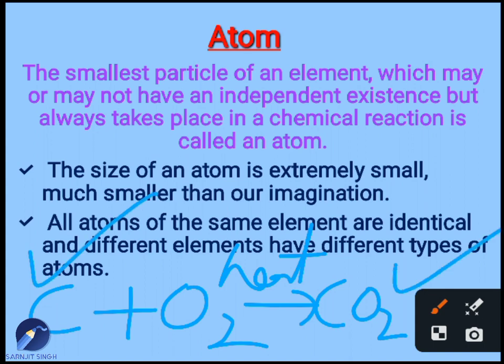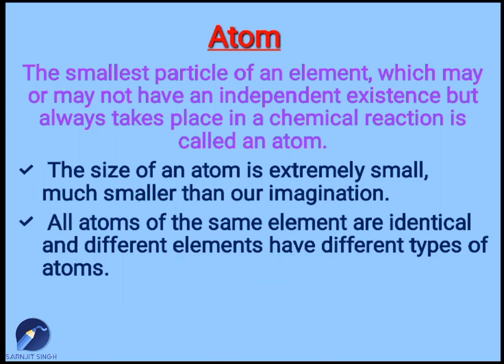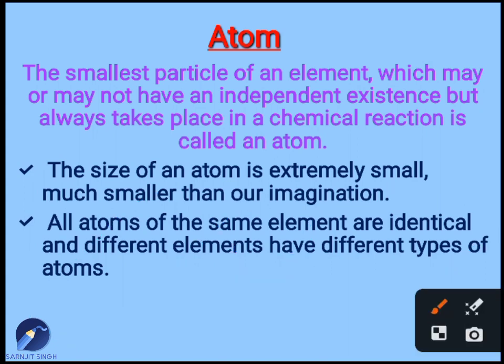Carbon is an atom, and oxygen is a molecule made up of two oxygen atoms. When these two react with each other in the presence of heat, carbon dioxide gas is formed. So what is an atom? It is the smallest particle of an element which may or may not have independent existence, but takes part in the chemical reaction. This is called an atom.